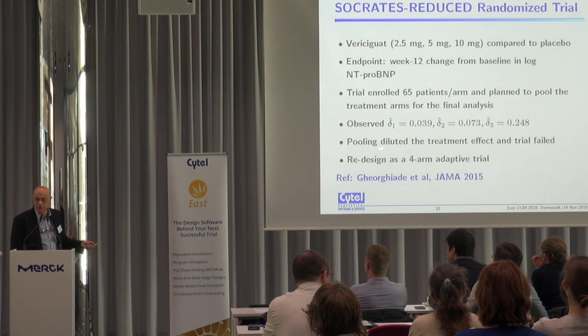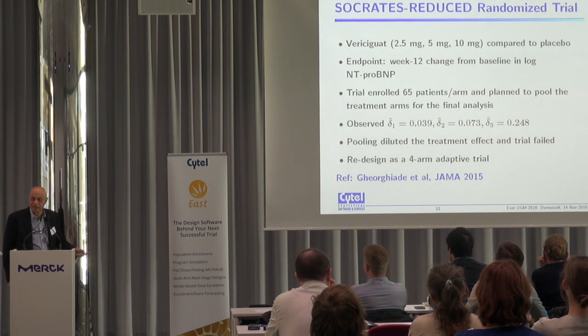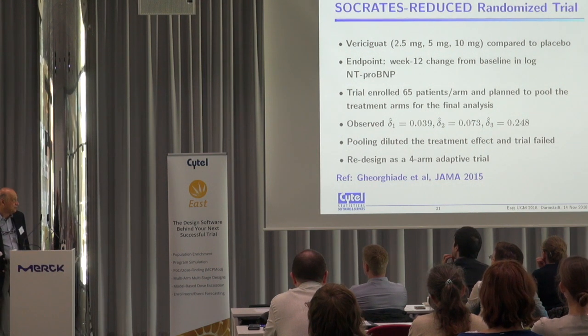As you can see, what happened was the first 2 doses were really not very good, and the 3rd dose was effective. But by pooling them like that, they diluted the effect, and then the trial failed.